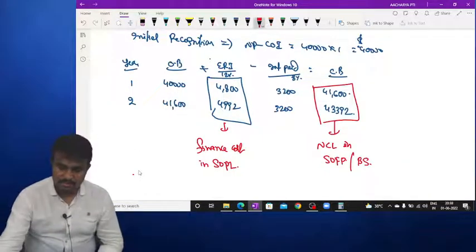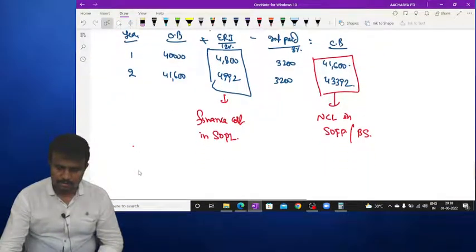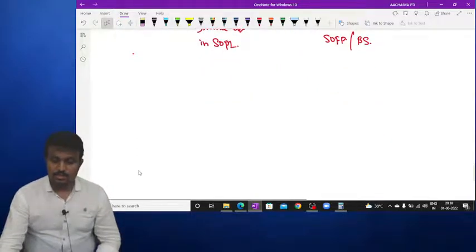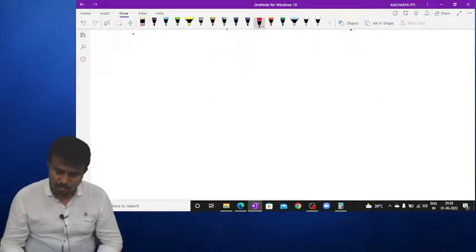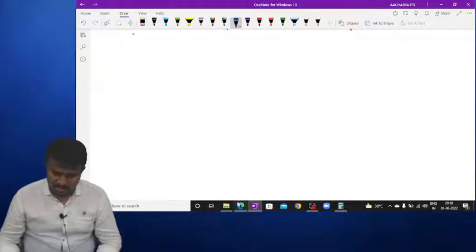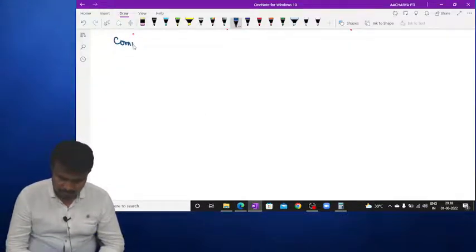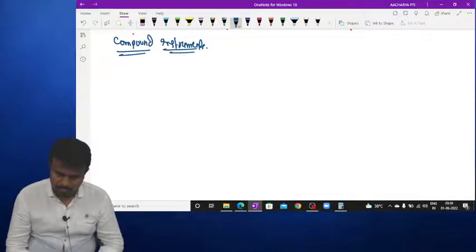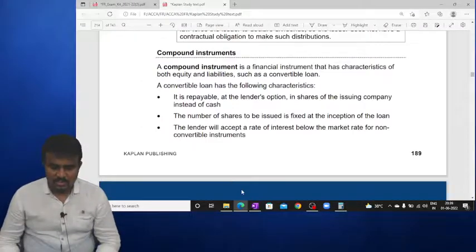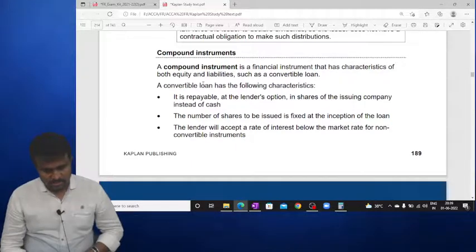And in case of the financial liability, one more important concept is compound instruments.